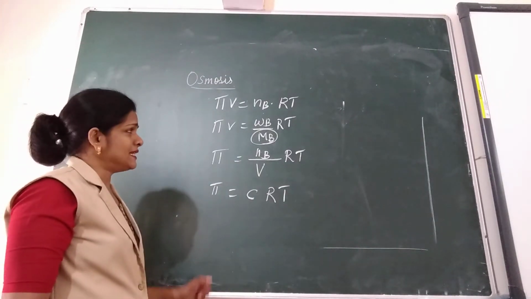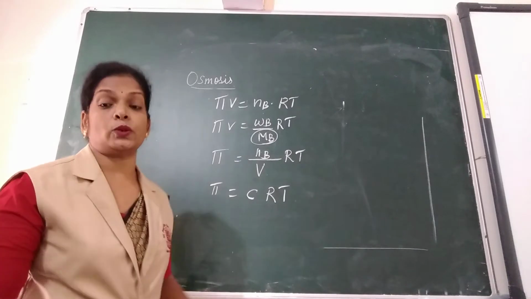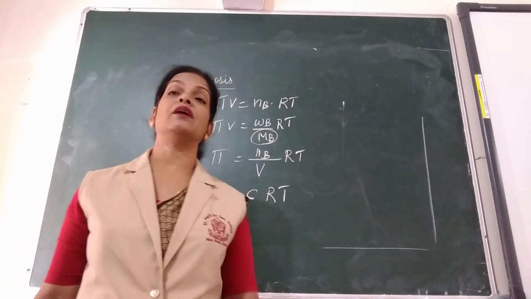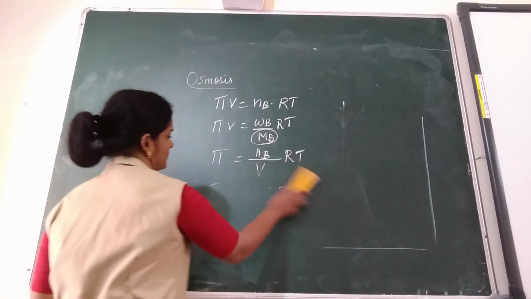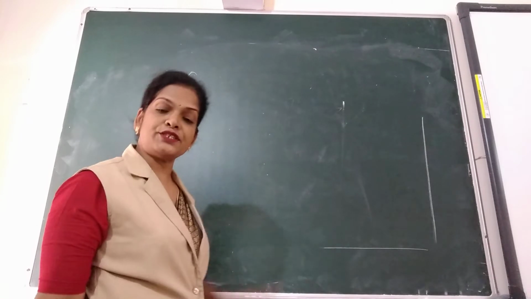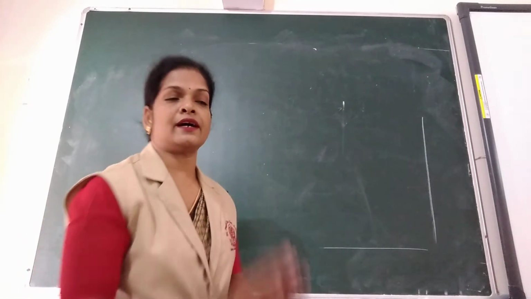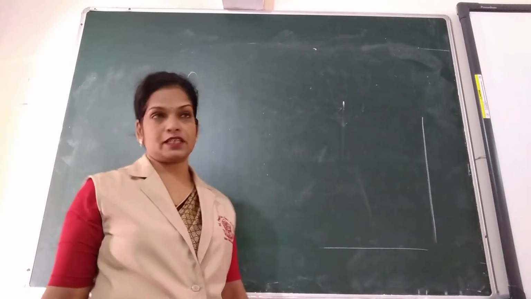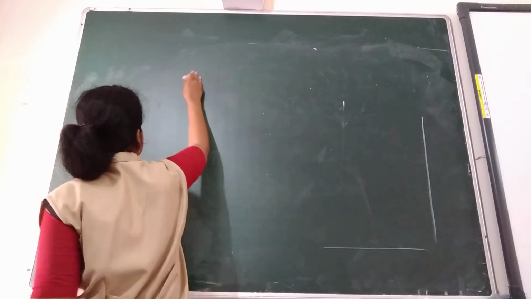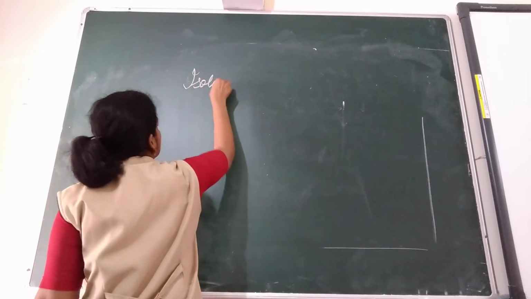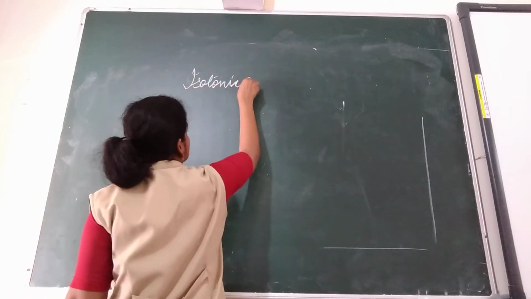Okay. Let's see what are isotonic solutions now. Two solutions having the same osmotic pressure are called isotonic solutions. In such cases, suppose these two solutions are separated by a semi-permeable membrane, no osmosis will be taking place.